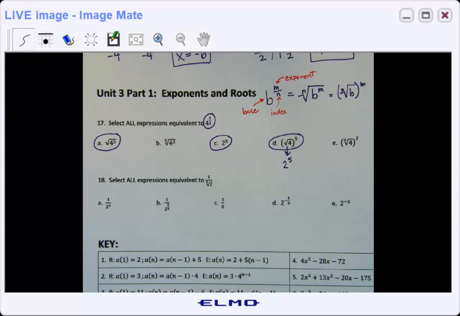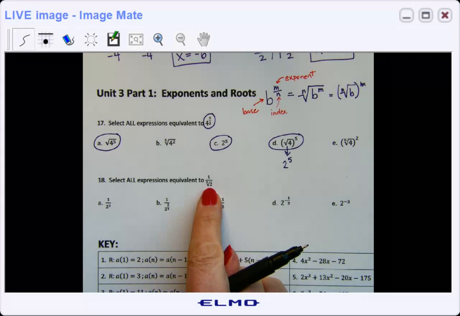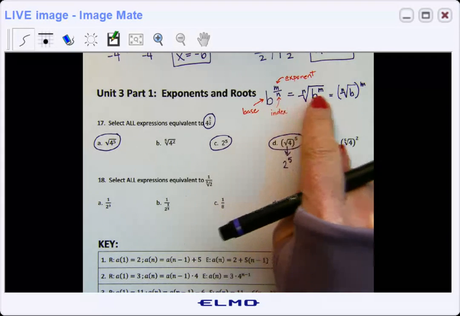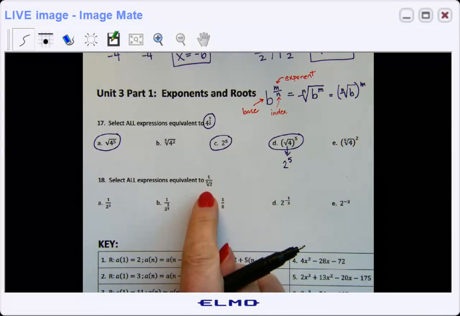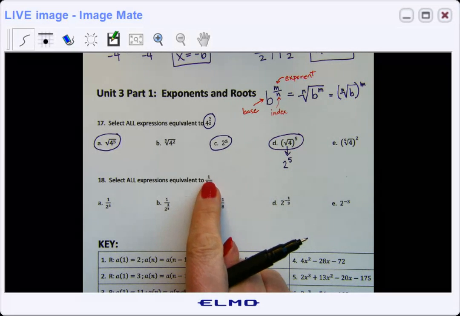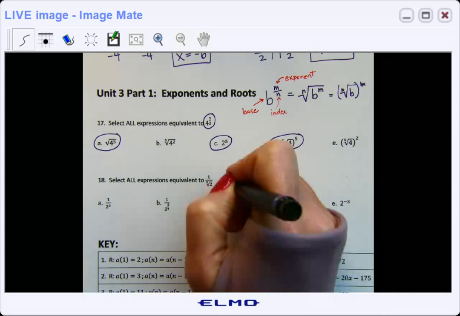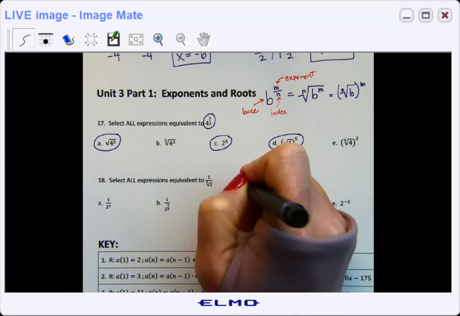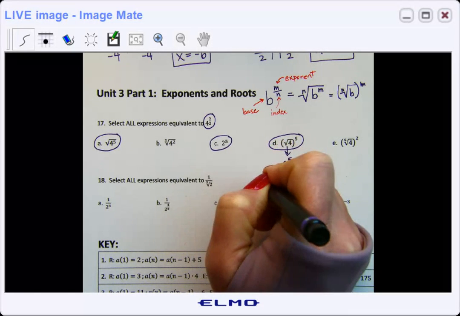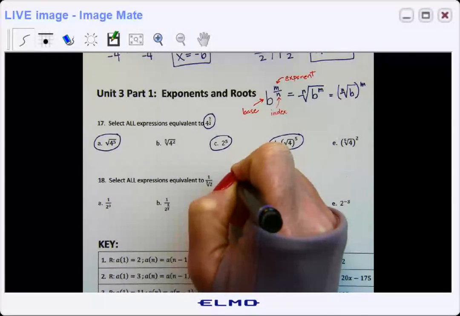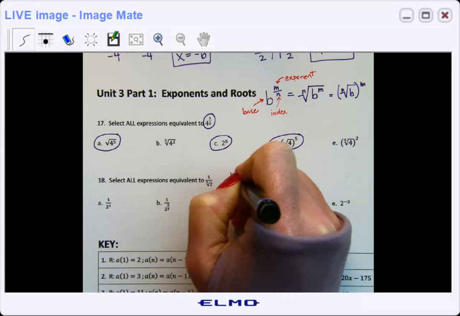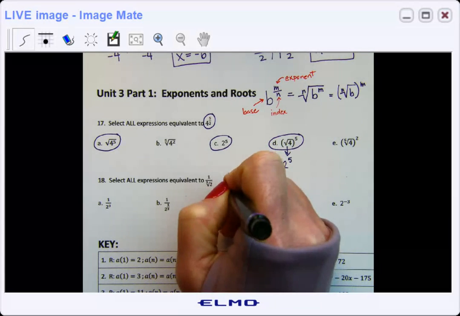And then for number 18, this time we have a fraction. So when you have a fraction, this relationship with the root still applies, but because of the fraction, I know the exponent's going to be negative. So I'll write it with the fraction representation coming first.